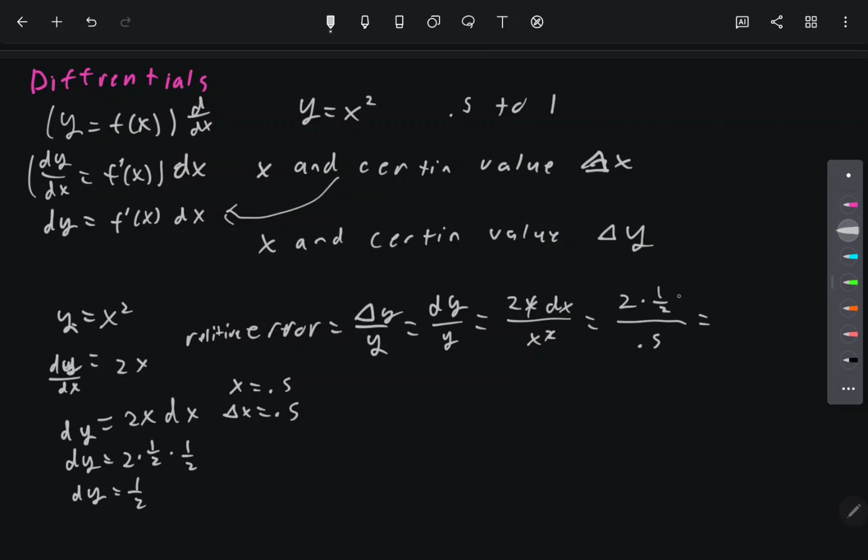What this gives us is 2, so our relative error here is 200%, because you have to multiply that by 100. That is a very big error, but it gets better with smaller and smaller dx's, and also with bigger numbers.